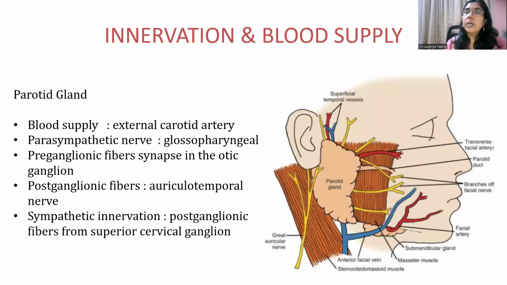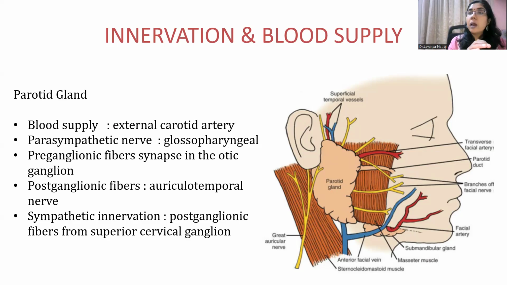Now we move on to the innervation, the sympathetic and the parasympathetic supply, as well as the blood supply for each gland. Now moving on to the parotid gland, the blood supply is from the external carotid artery. As you can see in this picture, the external carotid artery supplies the blood, and the parasympathetic nerve supply for the parotid gland is from the glossopharyngeal nerve. And they have the preganglionic fibers in the otic ganglion and the postganglionic fibers from the auriculotemporal nerve.